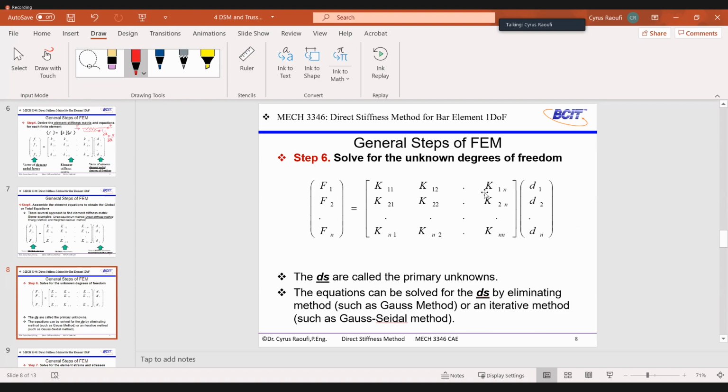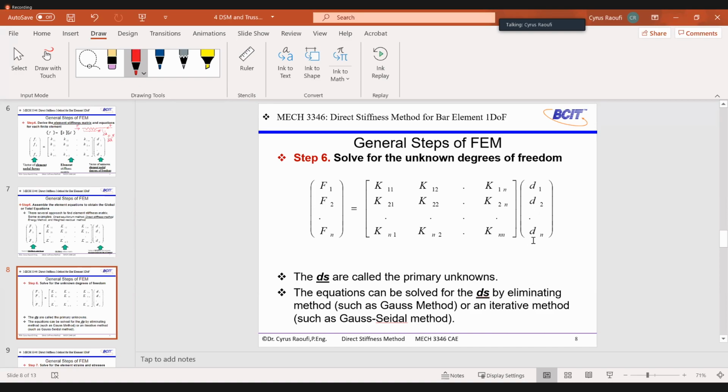However, K is not unknown in our course. K has to be calculated. The K, which represents the global stiffness matrix, you need to calculate. You need to calculate it at element level, and you need to calculate it at global level. This is our job.